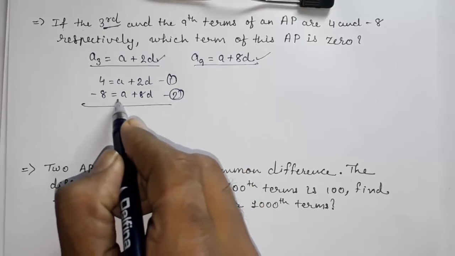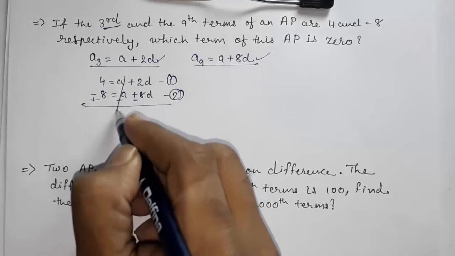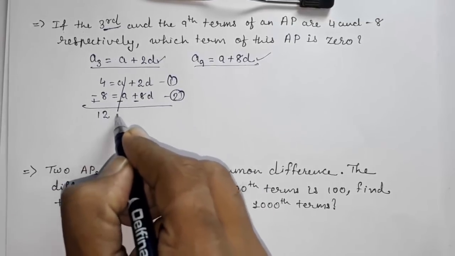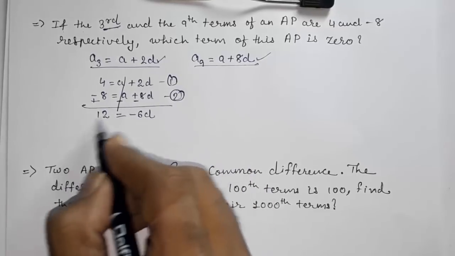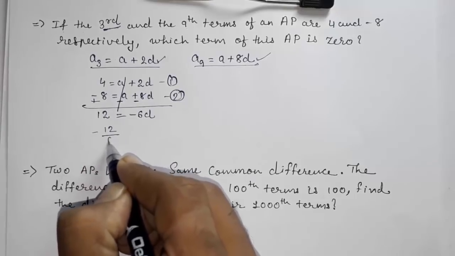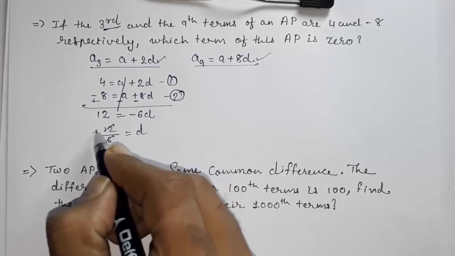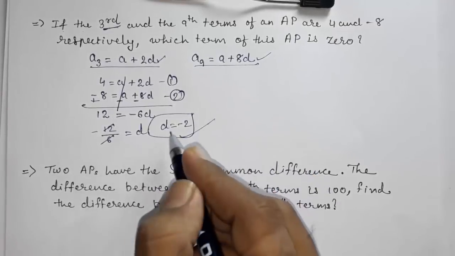So I'm going to use elimination. Subtracting, this will become plus and this will become minus. a cancels, this will become 12 and this will become minus 6d. This minus 6 will go here, so it will become 12 by minus 6. So the minus will come here and our difference will be minus 2.